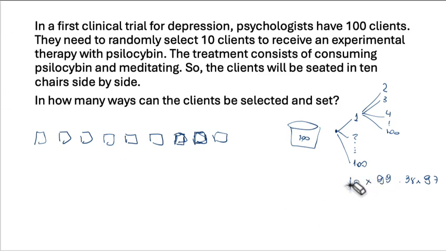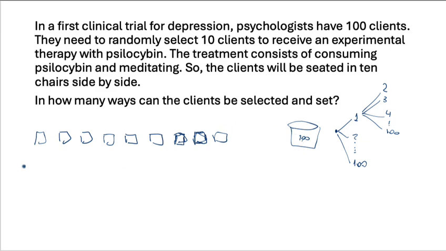What I need to do is I need to group people. What interests me is having a group of 10 people. So when I think about groups in combinatorics, it means that we have to use the binomial notation.